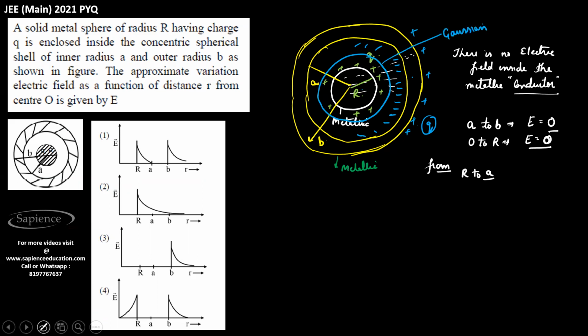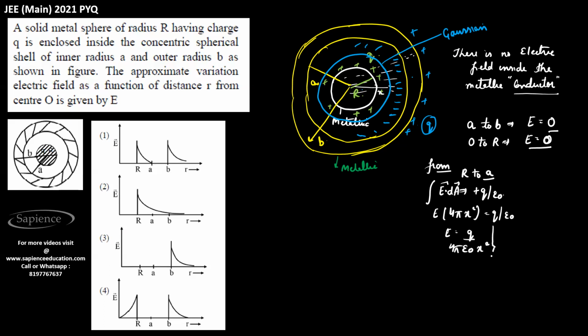The net charge enclosed by this Gaussian surface will be only positive Q. By Gauss's law, the integral of E dot dA should be equal to the enclosed charge, positive Q, by epsilon naught. So E times 4 pi x square is equal to Q by epsilon naught. So the electric field in that region will be equal to Q by 4 pi epsilon naught x square.